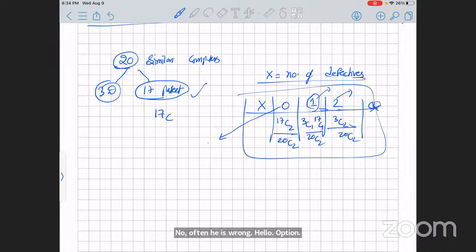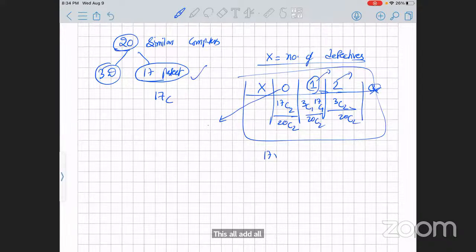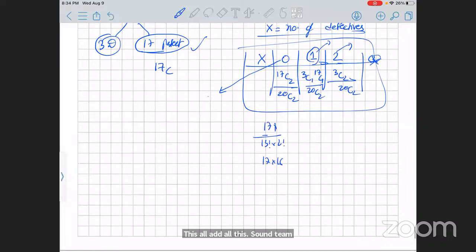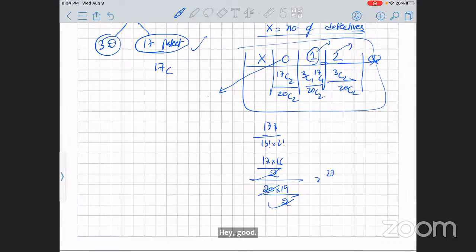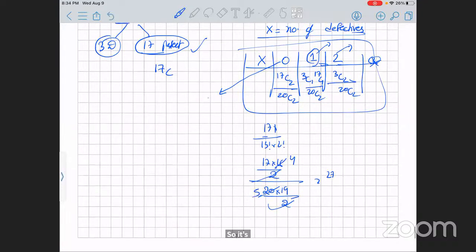Look, 17 factorial divided by 15 factorial into 2 factorial, that is 17 into 16 divided by 2, divided by 20 into 19 divided by 2. The 2 gets cancelled. 17 into 16 is like 4, 5 is 4, 5 is 17 into 4, 68, divided by 5 into 19, which is 95. So 68 by 95. It is correct. Option A is correct.